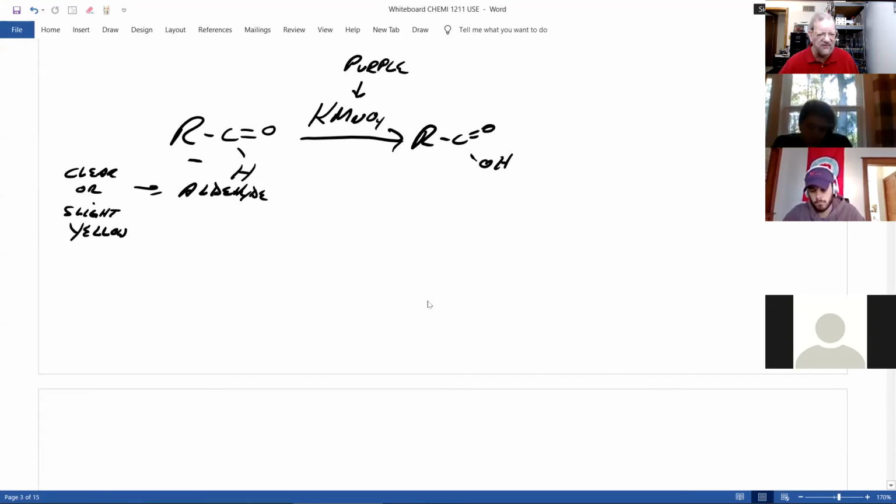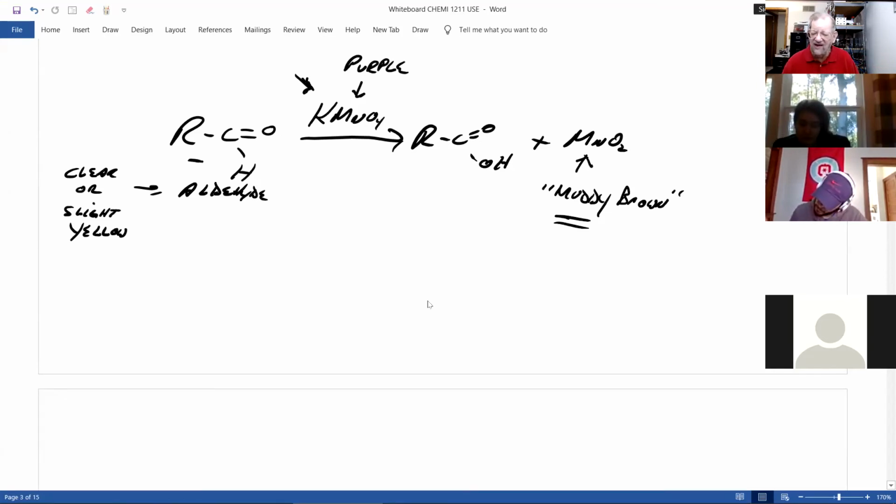This is oxidized. Well, this is reduced to manganese dioxide. And you've seen this before. And what happens is, this is what I call a muddy brown color. So if you have an aldehyde and you oxidize it with potassium permanganate, you'll see inside that test tube muddy brown.